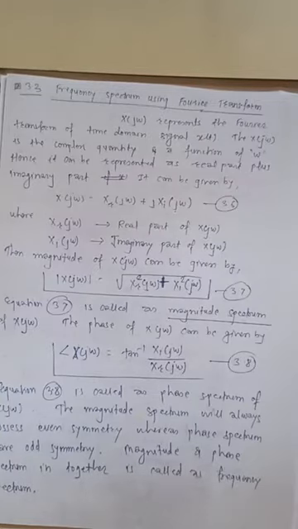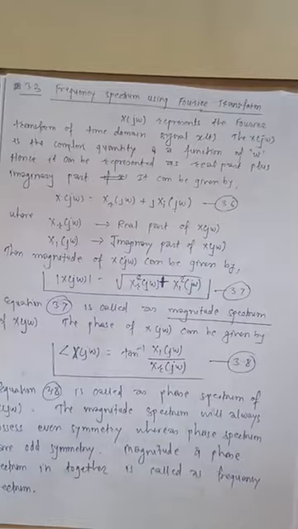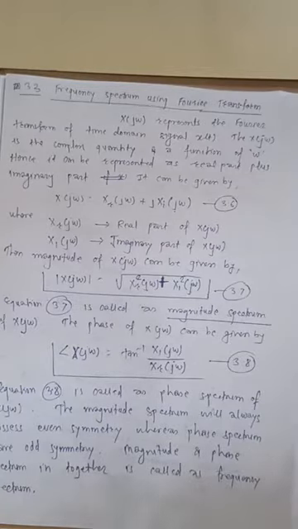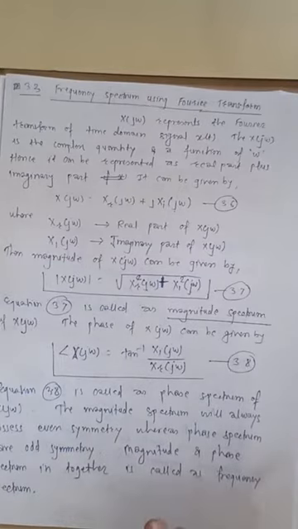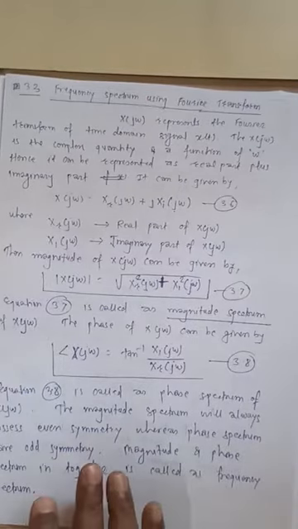The magnitude spectrum plus the phase spectrum together are called the frequency spectrum of a given signal.